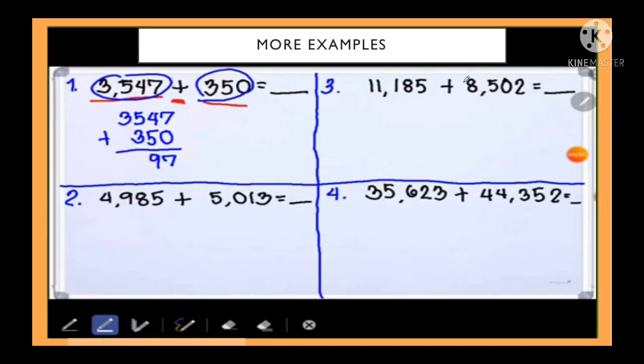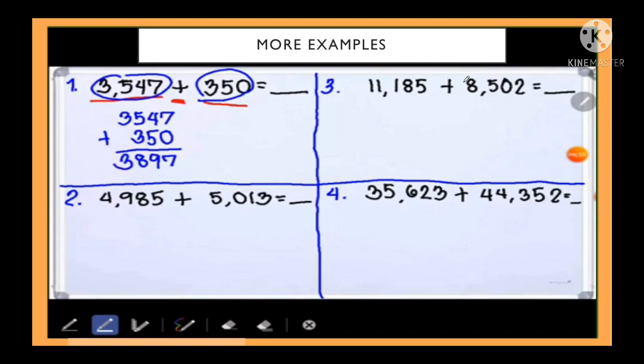The answer is 8. Good job. And then, if we don't have a number here, what will we do? That is automatically 0, correct? So we have 3 plus 0 is only 3.